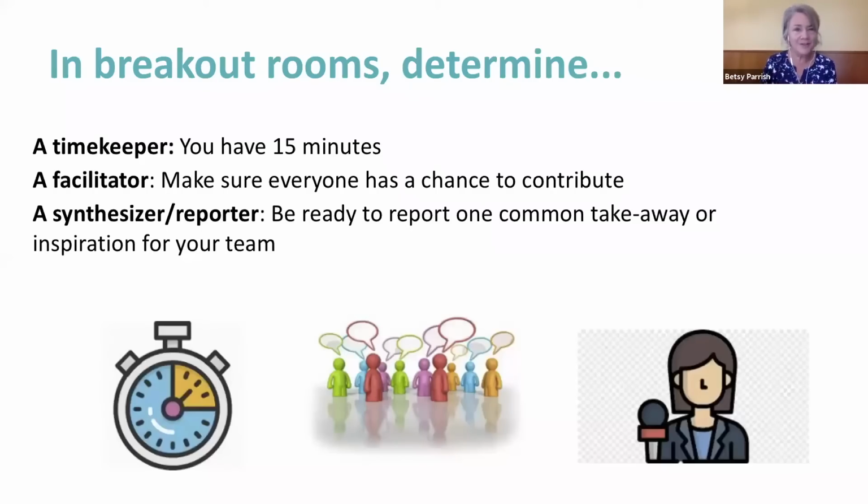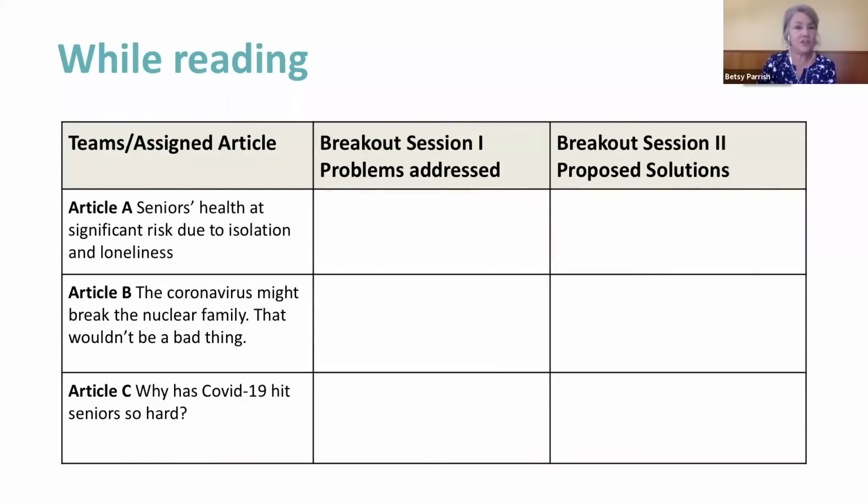Whereas in a breakout room, you really are putting a lot of faith in the students to be self-directed, which of course they will be, but you need to give them some guidance for that. So these are just examples. If you have a very large class, the reporters could be asked to send a text message or put a message in the chat to everybody with 1 or 2 big ideas that emerged in the discussion.